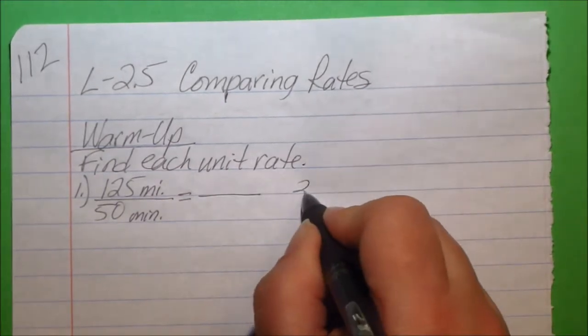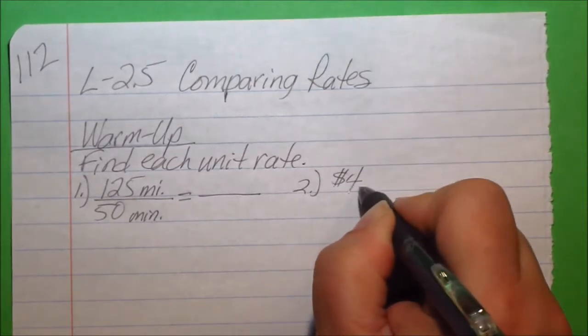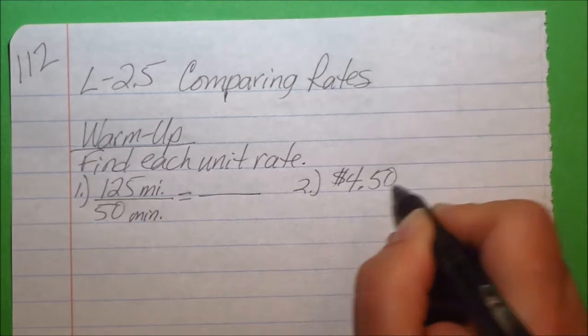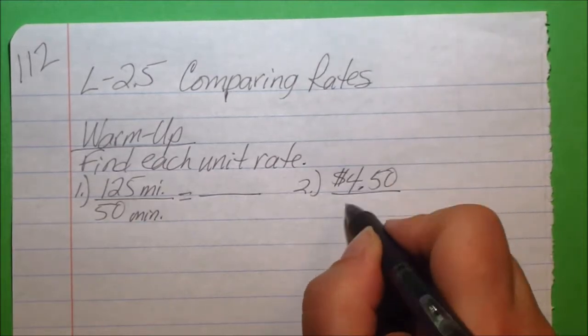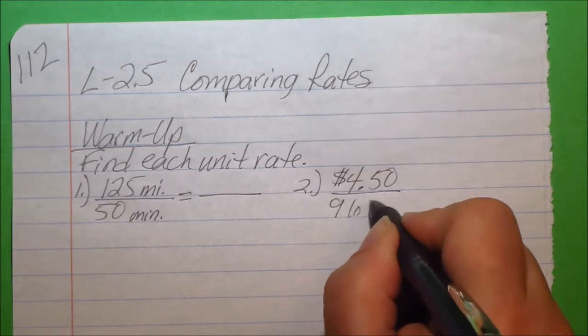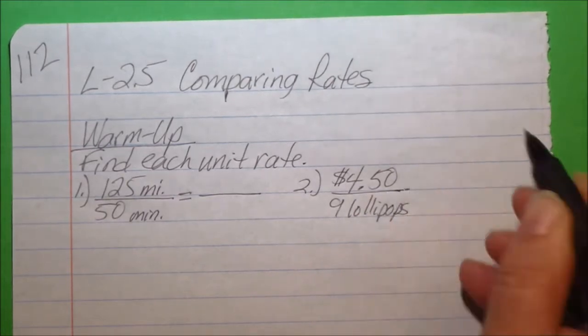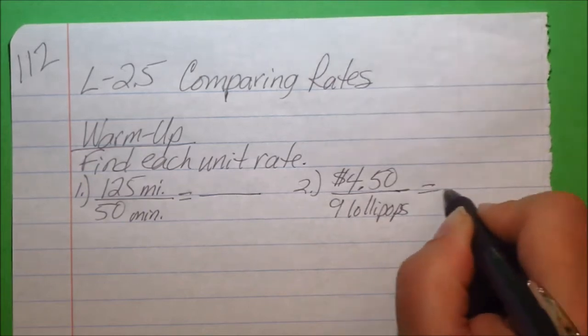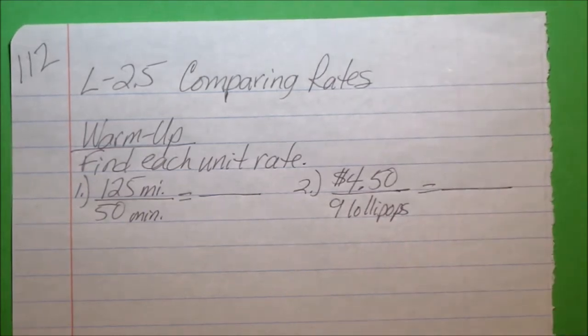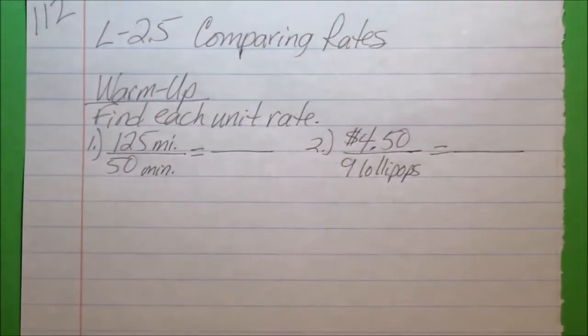Number 2 is $4.50 per 9 lollipops is equal to what? Unit rate.